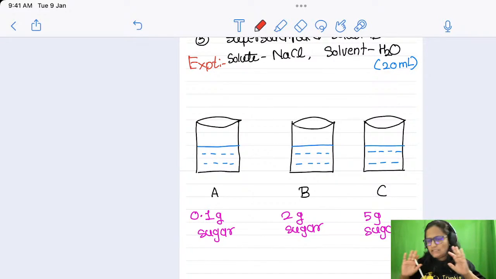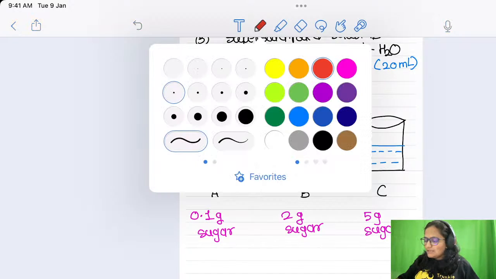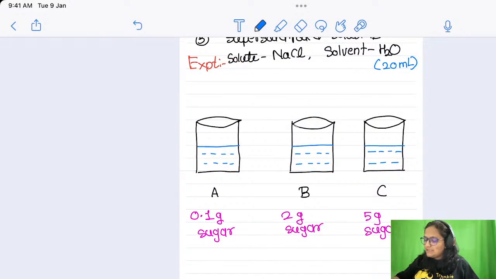Its capacity is fulfilled, right? It is not at all expecting more sugar molecules, or having extra sugar molecules in this solution, right? It is up to the mark, until its capacity only. Therefore this solution present in the beaker B is called as the saturated solution, right?